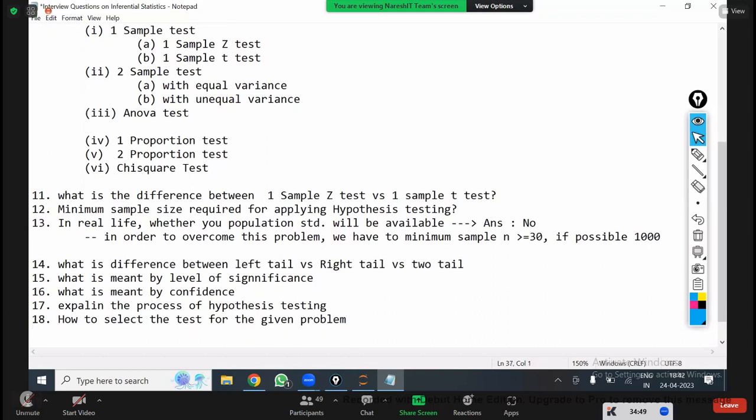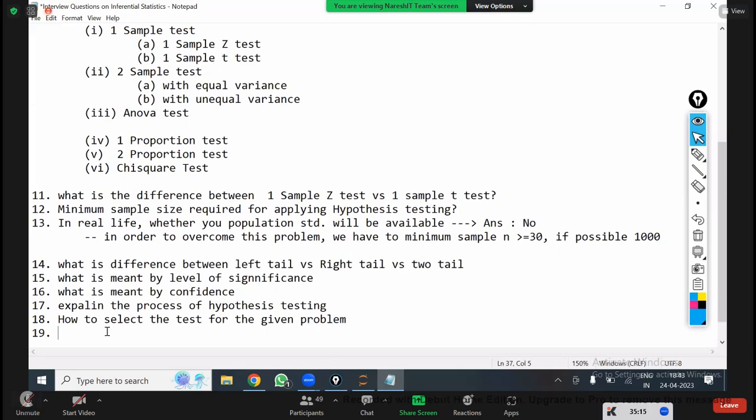So we have seen the difference between one sample Z test and one sample T test, and we have seen the process, everything. Now, next question. What is meant by two sample test? You are checking between two continuous variables, whether both are the same or different.